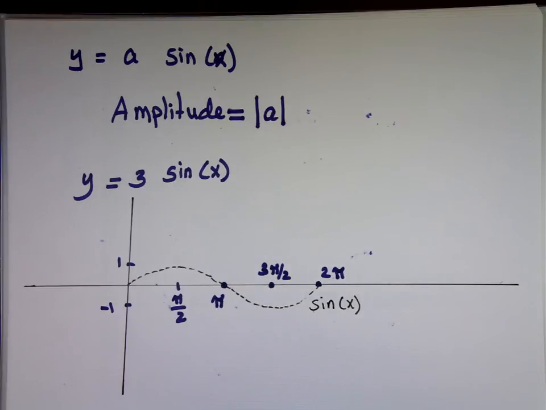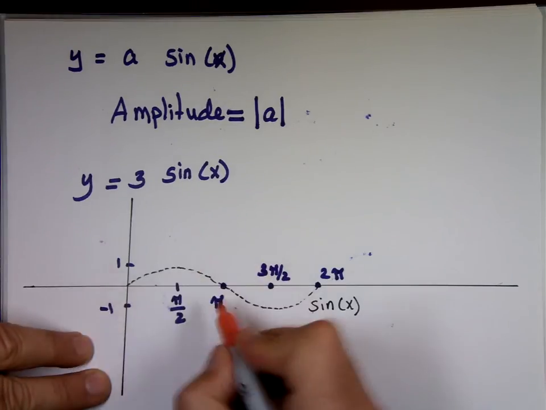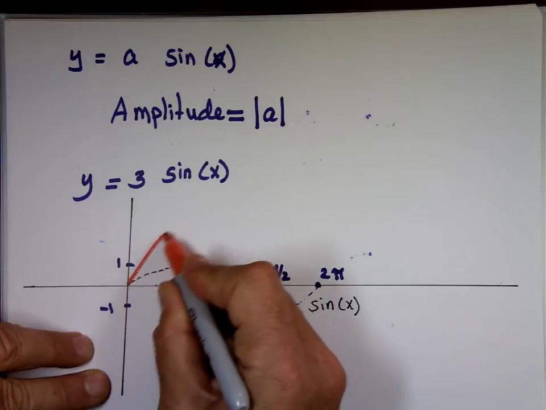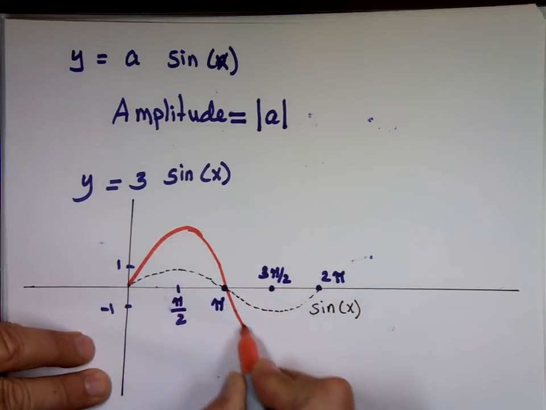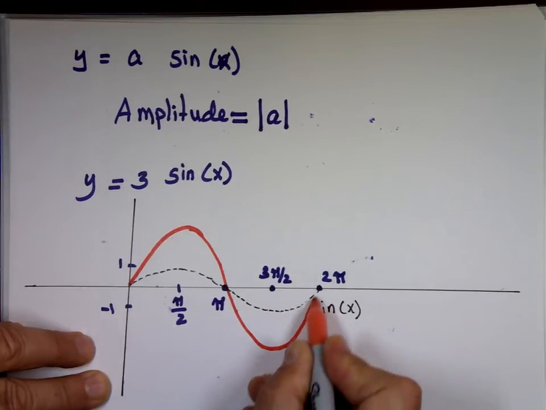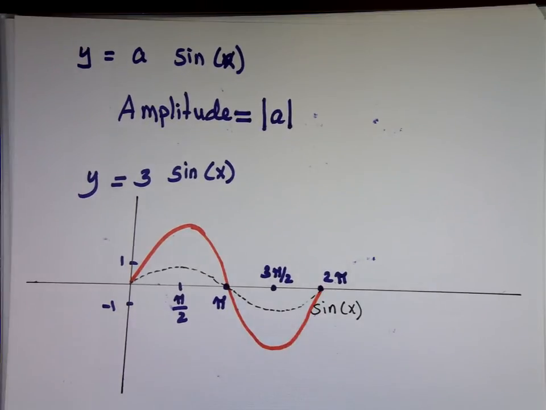So what does the 3 then do? It's going to raise it up to 3 units. So it's going to have the same shape. It's going to cross at the same points. That's what the 3 does.